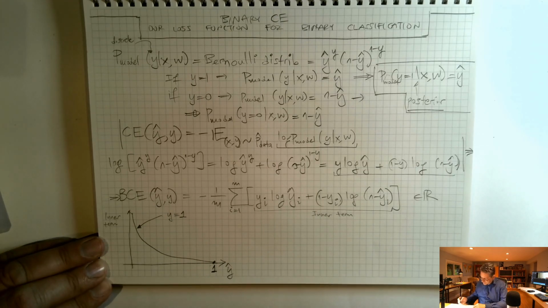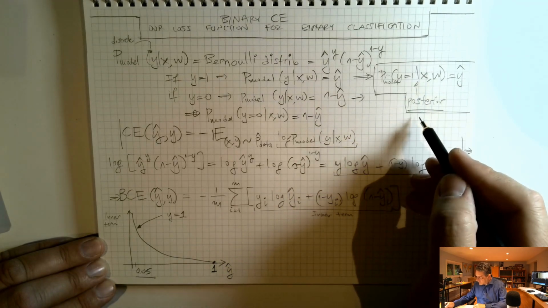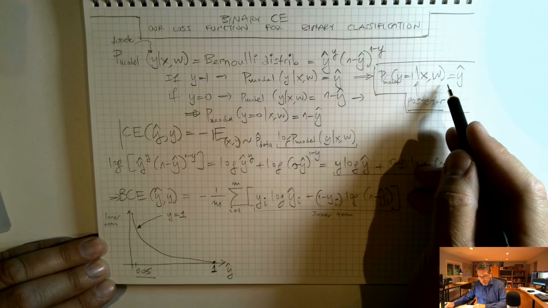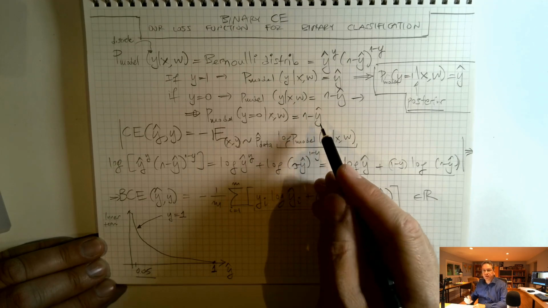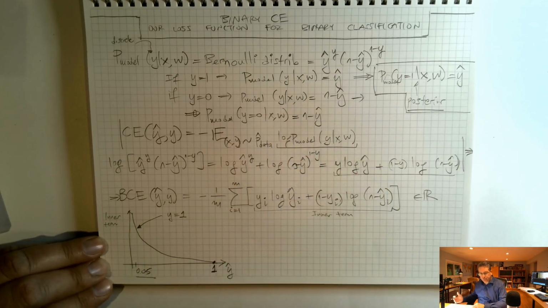On the other hand, when I'm predicting the y-hat to be 0.05 over here, this means that I'm predicting the positive to be 0.05, and in other words, I'm predicting the negative to be 0.95. I'm predicting that no attack has happened with 95% confidence.